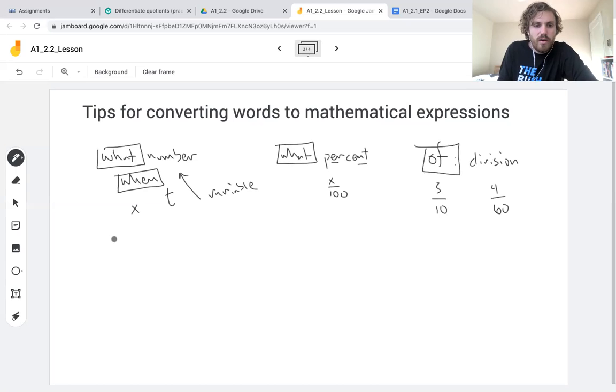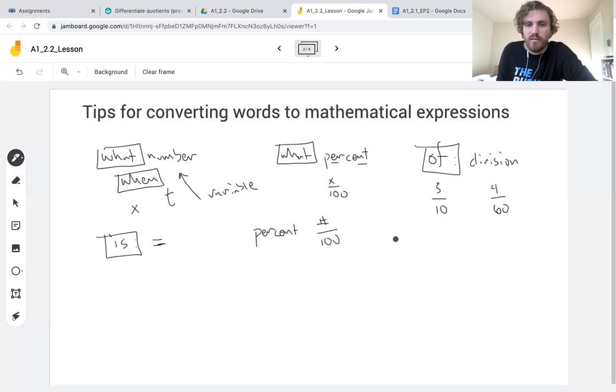When you see the word is, that is an equals sign. So the word is just means equals. And I already kind of touched on percent, but of course, anytime you see percent, you should be thinking some number over 100. That's what we write for 20%, it's going to be 20 over 100.